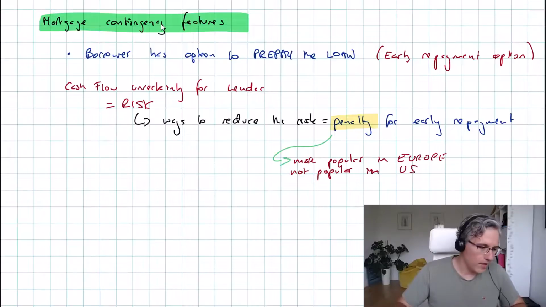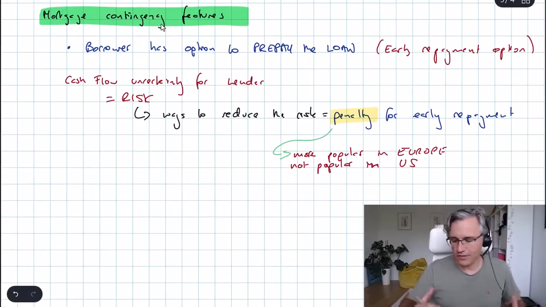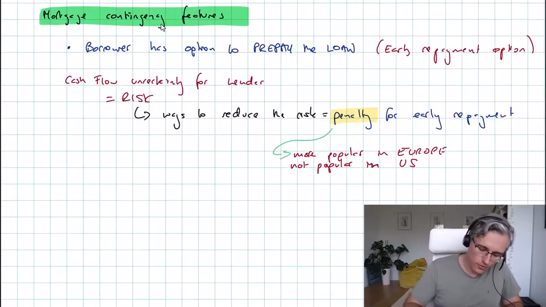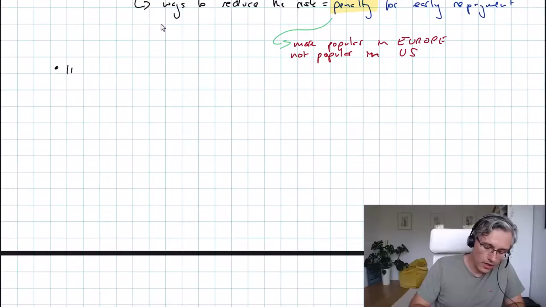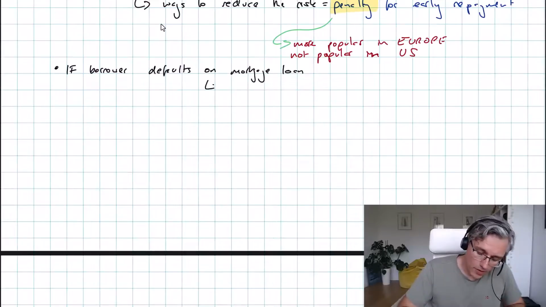In the US. Okay, and the second contingency feature which I want to draw your attention to is what happens if the borrower defaults on the mortgage loan. We know that the lender can come in and foreclose.